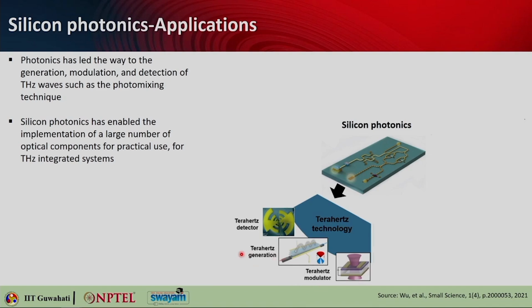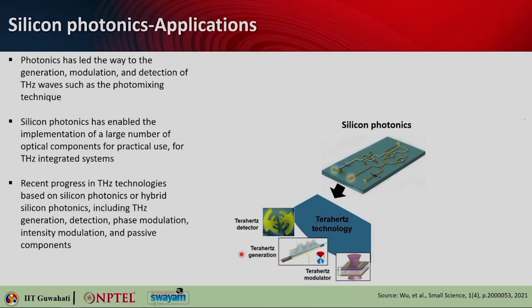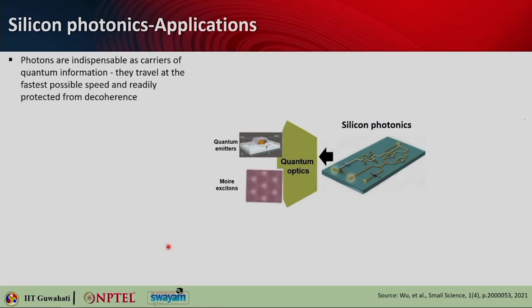Silicon photonics has enabled the implementation of a large number of optical components for practical usage such as for terahertz integrated systems. And the recent progress in terahertz technologies based on silicon photonics or hybrid silicon photonics includes generation, detection, phase modulation, intensity modulation and developing other passive components. So terahertz technology is getting support from silicon photonics.